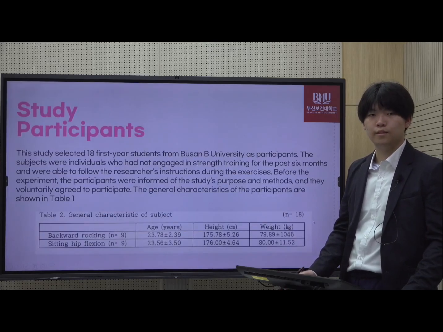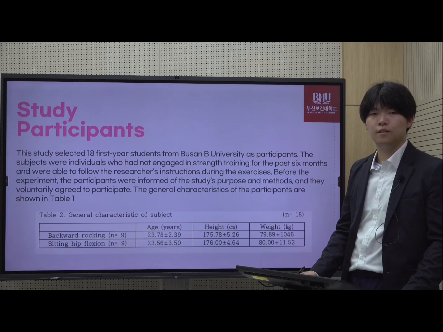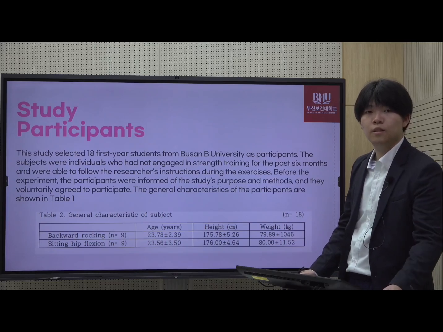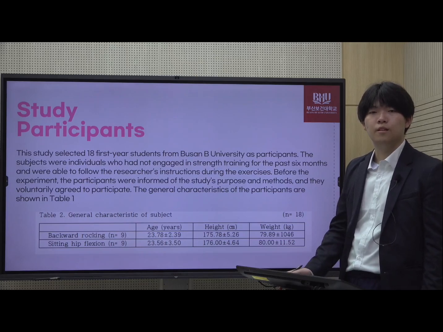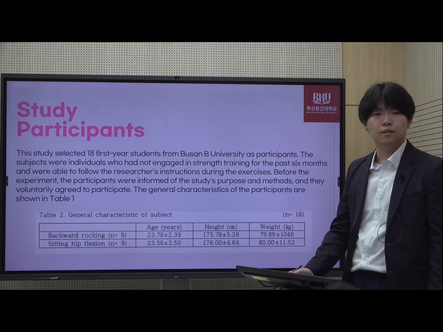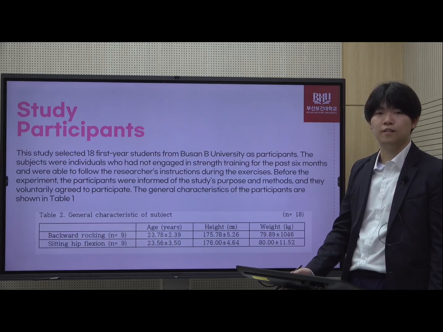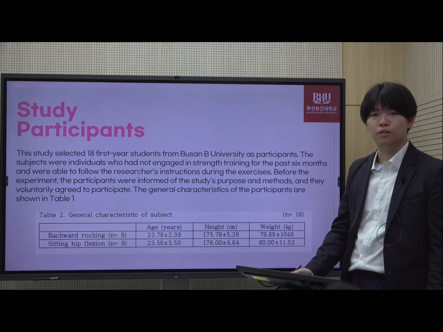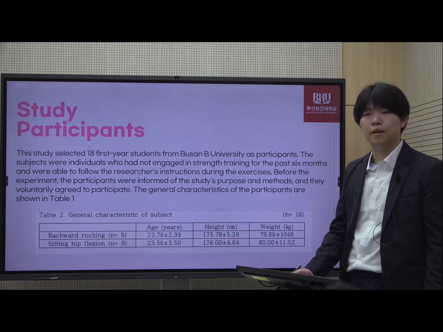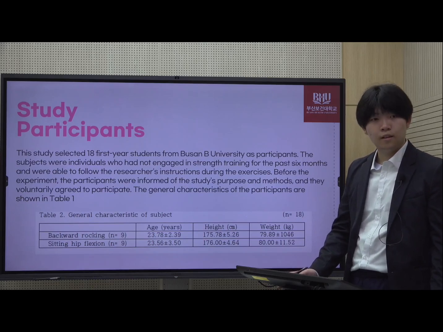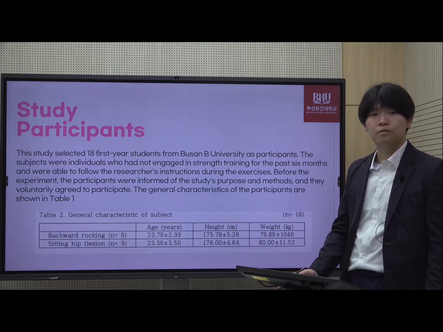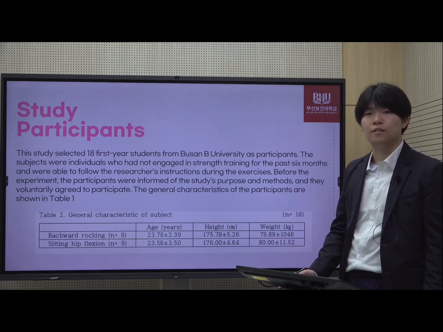Study participants. This study selected 18 adult students from Busan B University. The subjects were individuals who had not engaged in strength training for the past 6 months and were able to follow the researchers' instructions during the exercises.